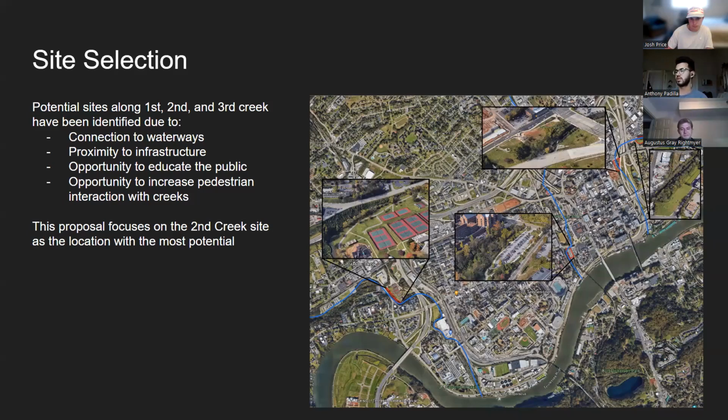And we have focused to hone in more on the Second Creek site that you see in the middle with the parking lot adjacent to Cumberland. There's a lot of parking garages over there, so moving parking is not that big of an issue, and that site has a lot of potential just for engaging the public, because it would be very visible to people.